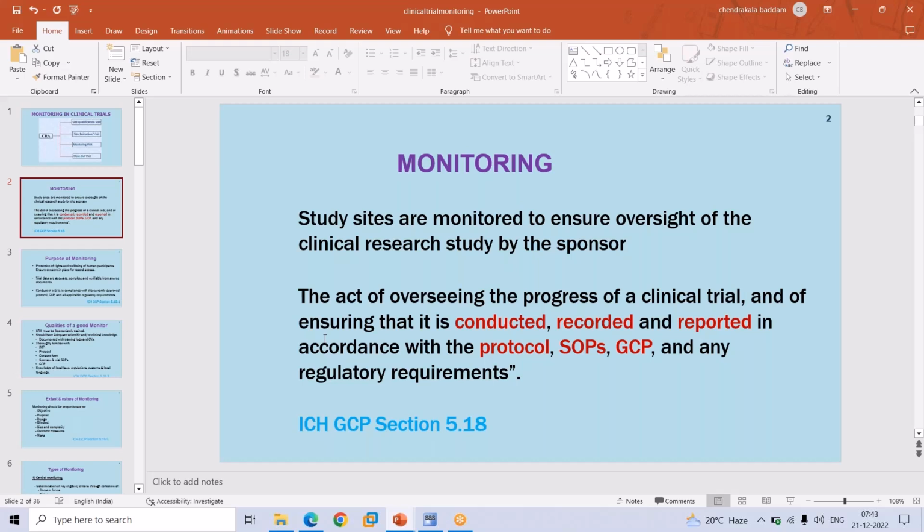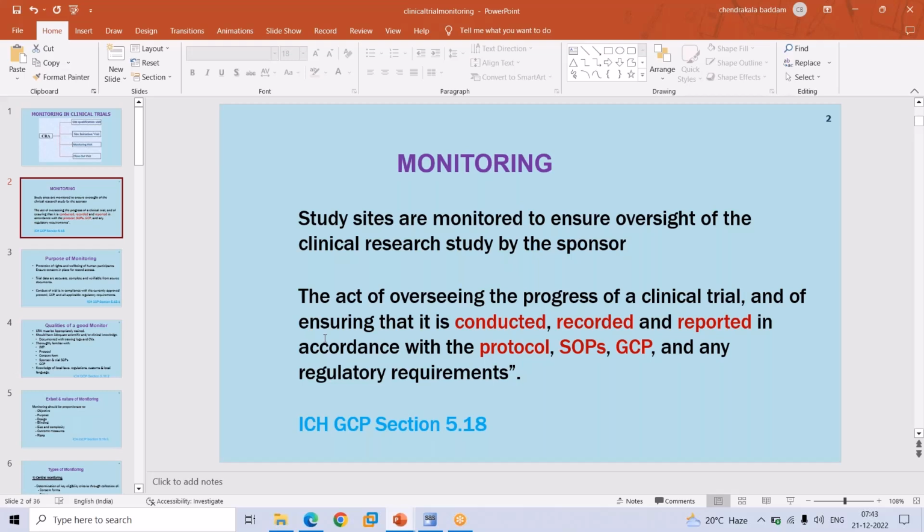Also according to the concerned regulatory requirements. If it is in the US, FDA guidelines, FDA regulations. So monitoring is nothing but overseeing the progress of the clinical studies.